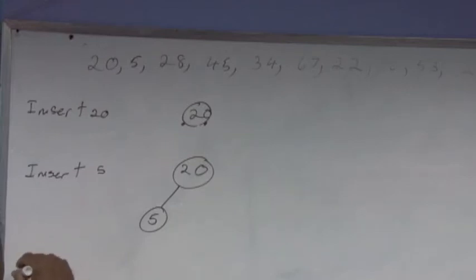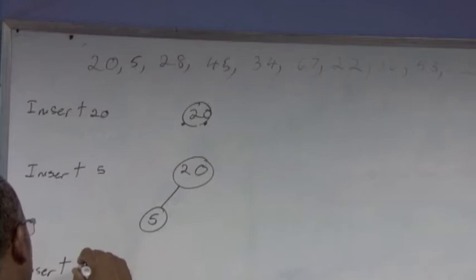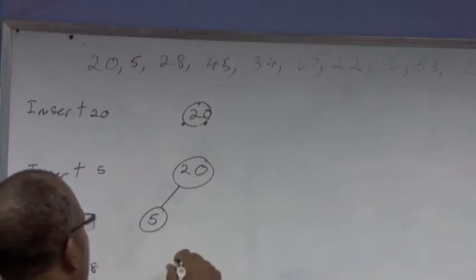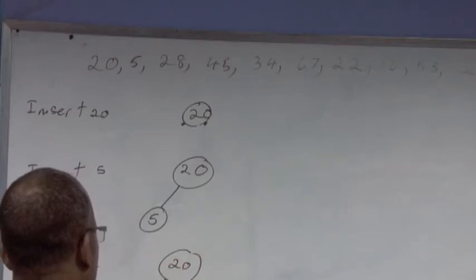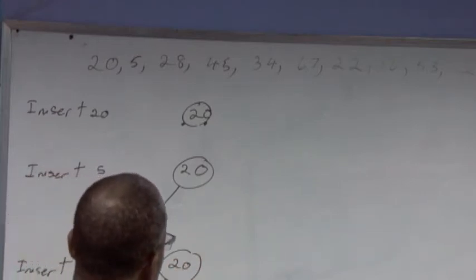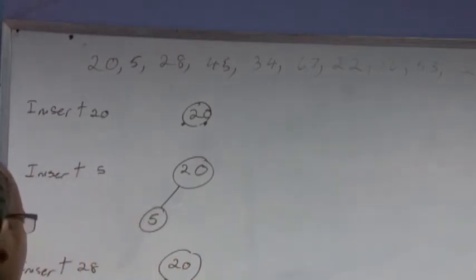I'm going to insert 28. It's greater than 20. Of course, this board is pretty small, so I'm going to back off my strategy in a little while when I get over there.